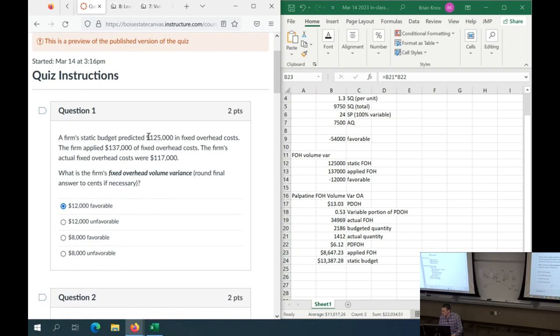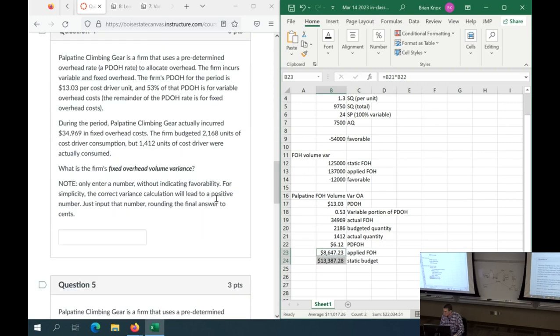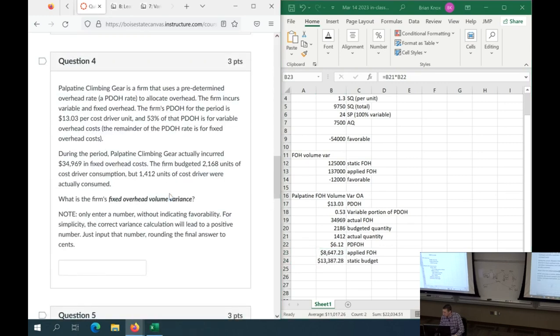We said 125 is the static, 137 is the applied, and 117,000 is the actual. We now have the two, static and applied, that we need to solve for volume variance. So we can take the static minus the applied and get the answer. That's the quickest solution for the problem. Just subtract them.